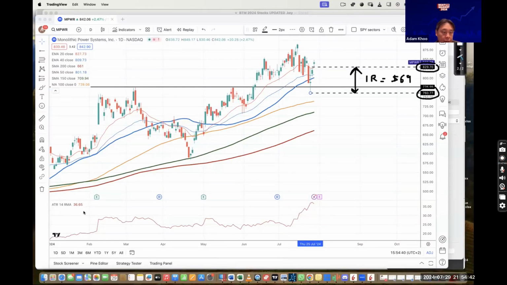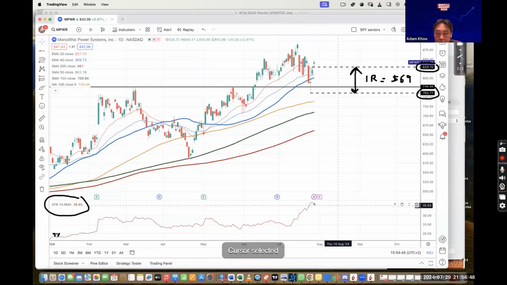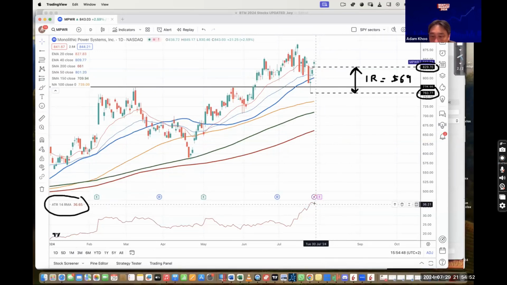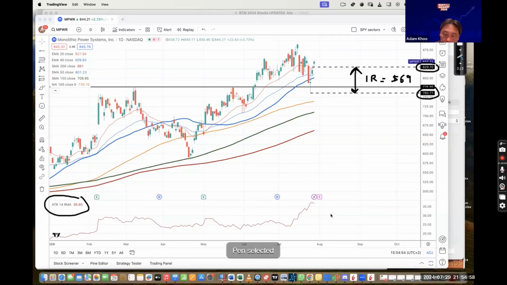Okay. So what is the ATR? Can you see the ATR here? So right now the ATR, I put my mouse here, my ATR is 36.49. Right?